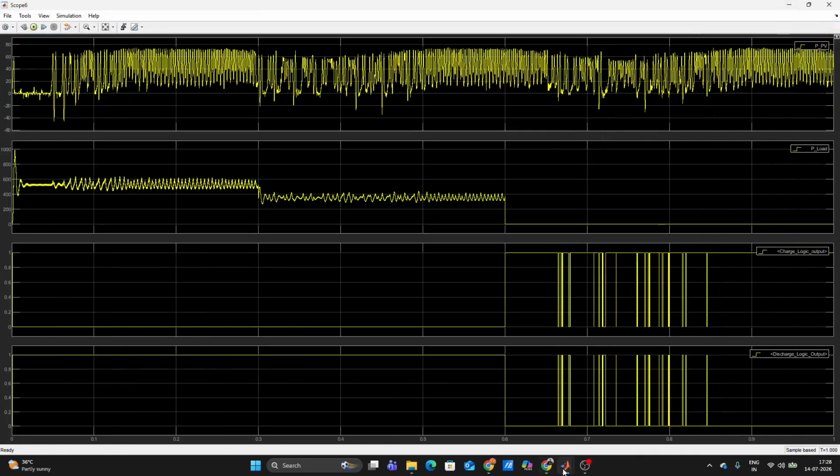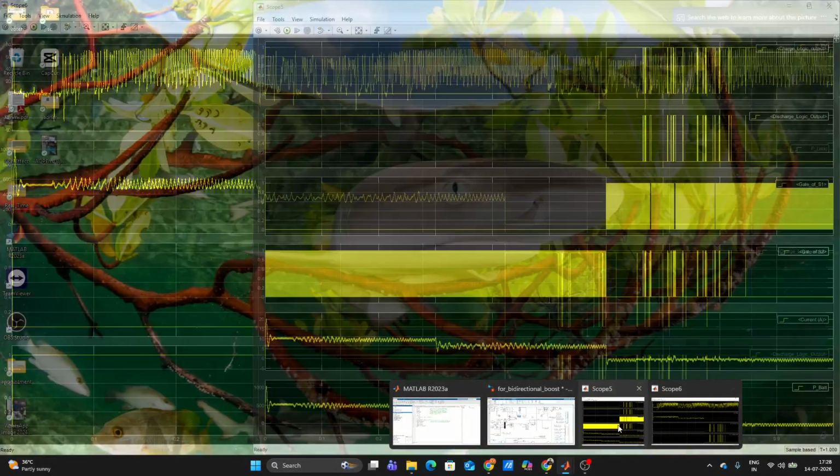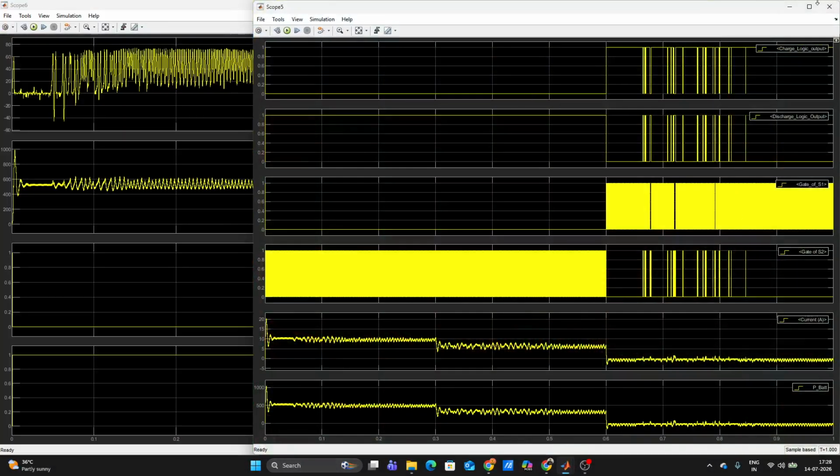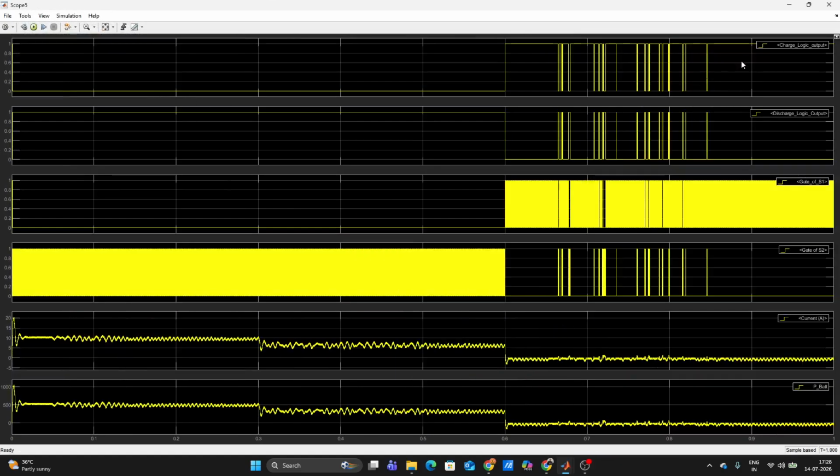I want to show you these results also. These are the charging logic output and discharging logic output. The gate pulse of S1 is working for that, and the gate pulse of S2 is 0 at this condition. Look at this point: S2 is working, and after that S1 will work.